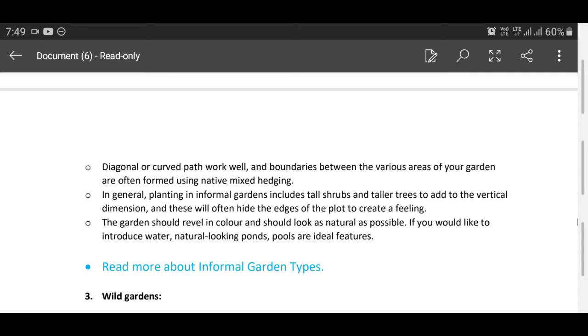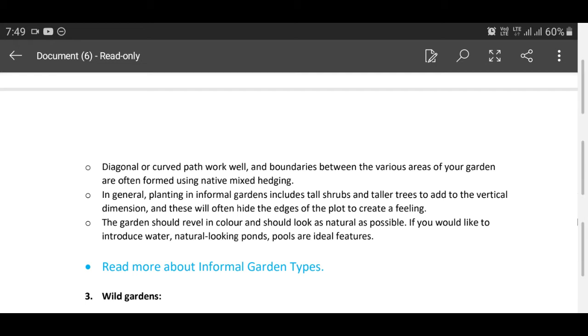Diagonal or curved paths work well, and boundaries between the various areas of your garden are often formed using native mixed hedging. In general, planting of informal gardens includes tall shrubs and taller trees to add to the vertical dimension, and these will often hide the edges of the plot to create a feeling of seclusion.